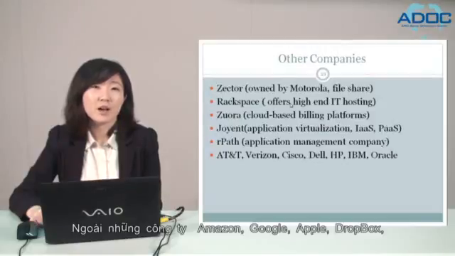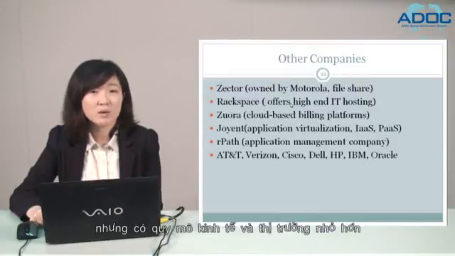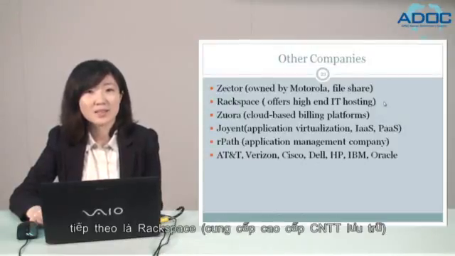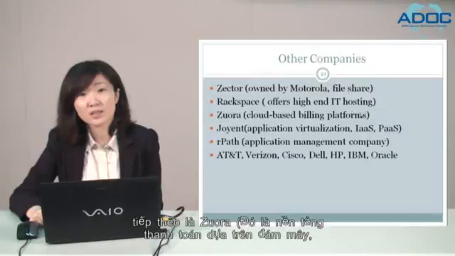Okay. Besides those cloud companies mentioned, like Amazon, Google, Apple, Dropbox, there are still many cloud companies which are very competitive, but with smaller scale in the market now, such as Zactor, which is owned by Motorola. Basically, it's a file share service. The next one is Rackspace, which offers high-end IT hosting. The next one is Zora.